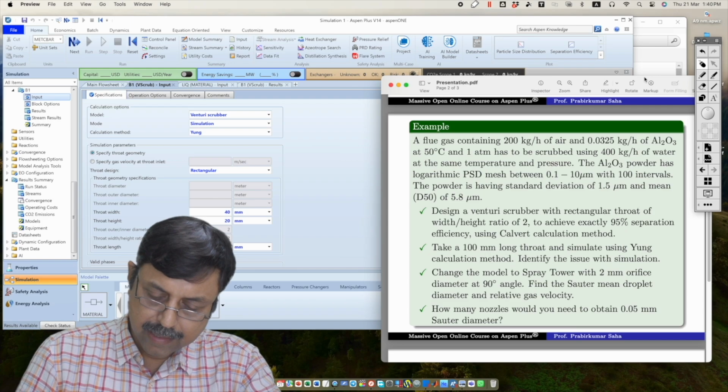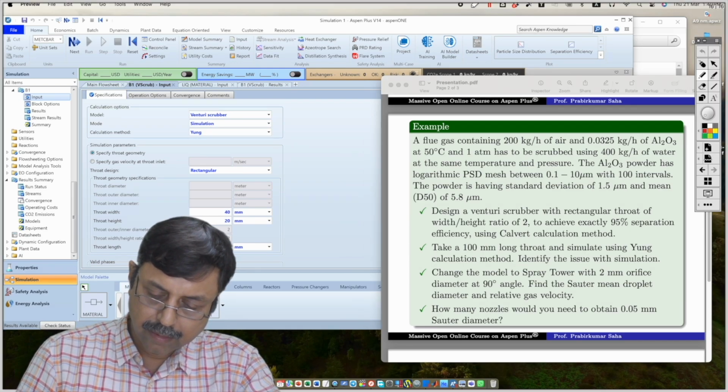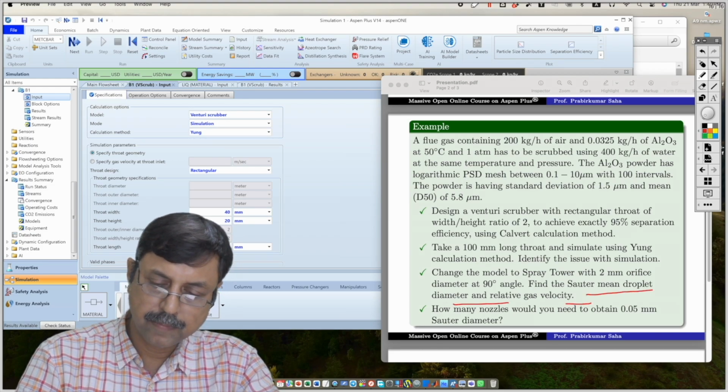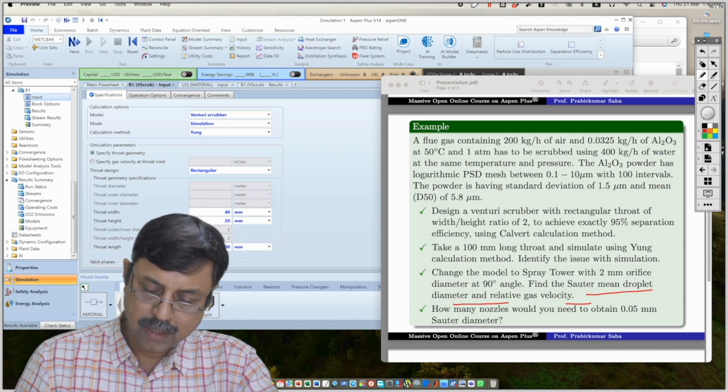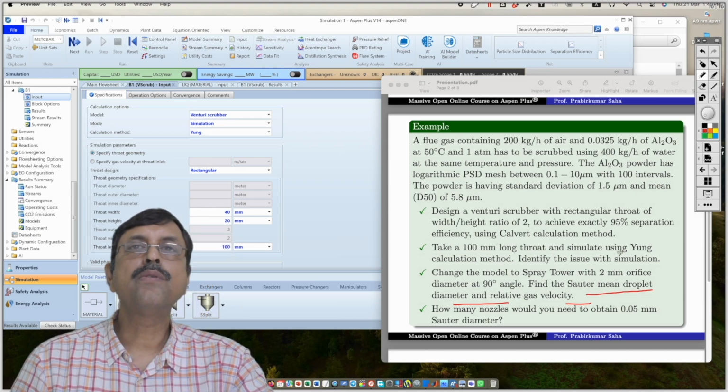It says, change the model to spray tower with 2 mm orifice diameter at 90-degree angle. Find the Sauter mean droplet diameter and relative gas velocity. Right? So change to spray tower.